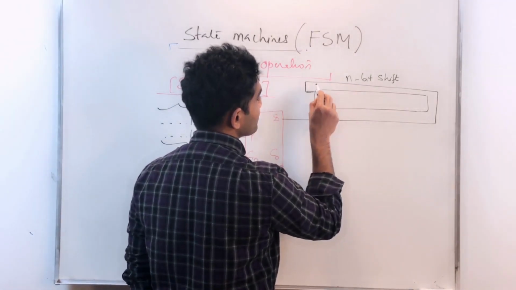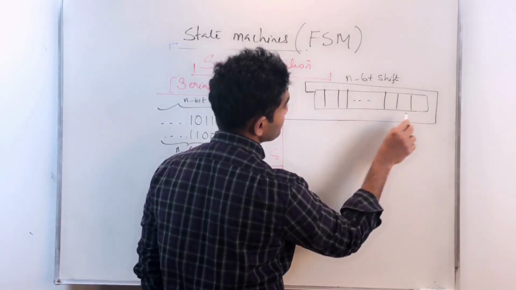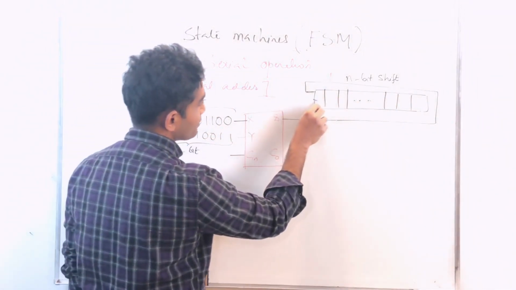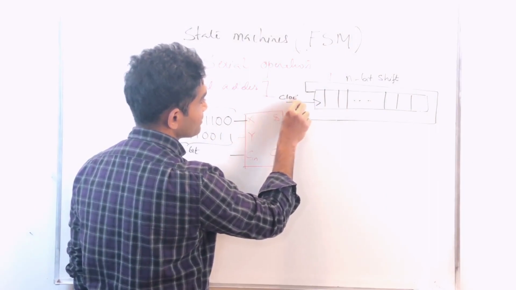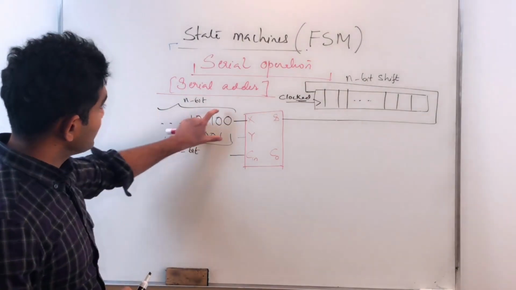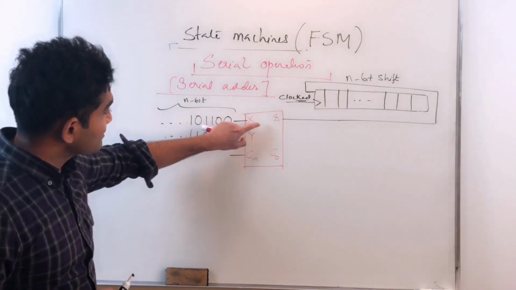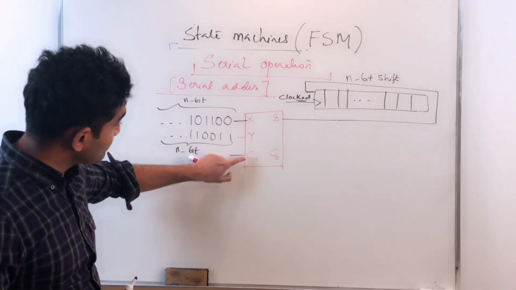That's the input of the shift register, an n-bit shift register. Of course, this is clocked. So with each clock pulse, I'm sending in one bit at a time, my serial inputs. This adder adds these two bits along with the previous carry.